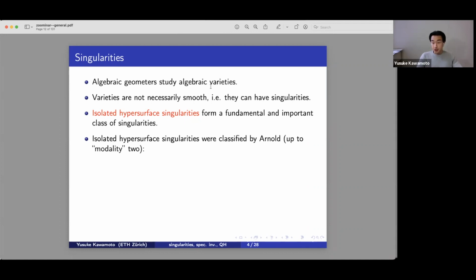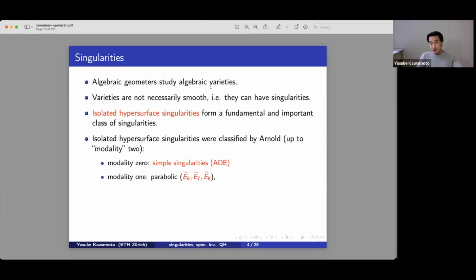So the modality 0 ones, the simplest ones, are called the simple singularities. They have ADE type, 3 different types.